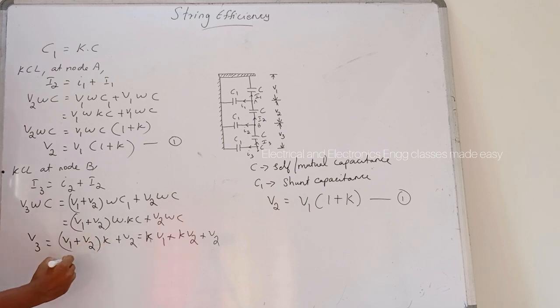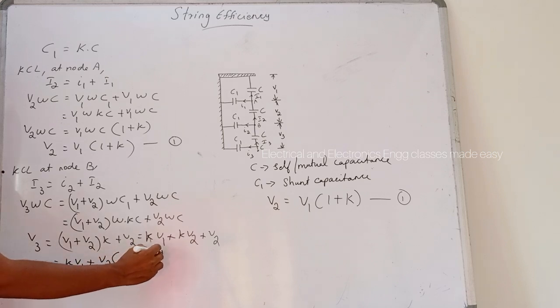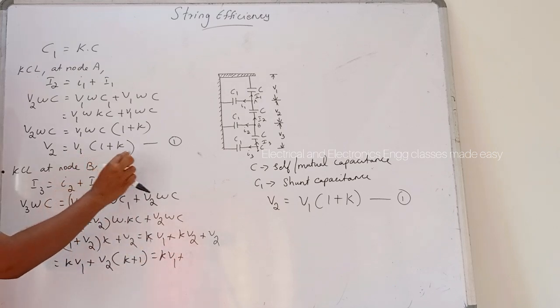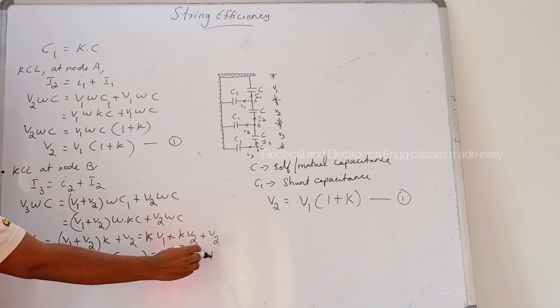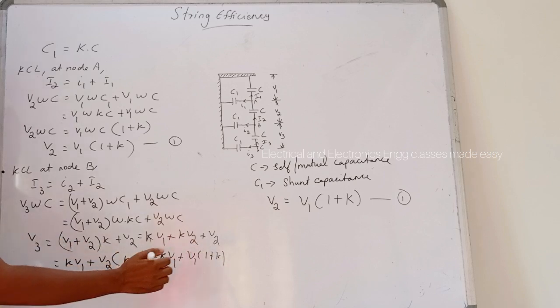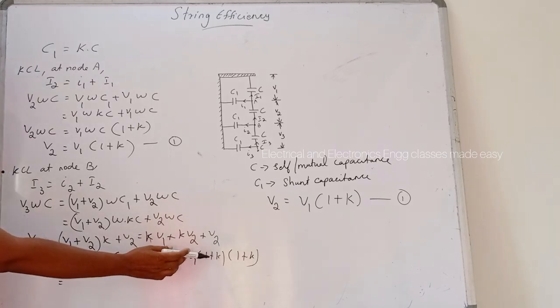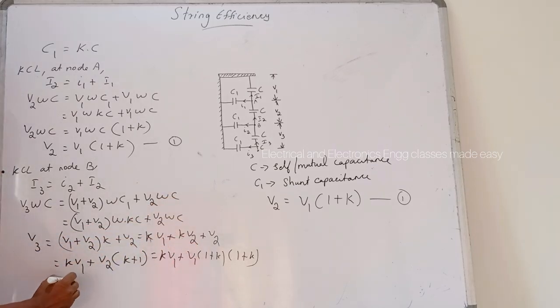So here we will get K into V1 plus V2 into K plus 1, and that is equal to K V1 plus V2 is V1 into 1 plus K. So V1 into 1 plus K into 1 plus K, so here we will get 1 plus K the whole square. That is K V1 plus V1 into 1 plus K whole square, which is 1 plus 2K plus K square.